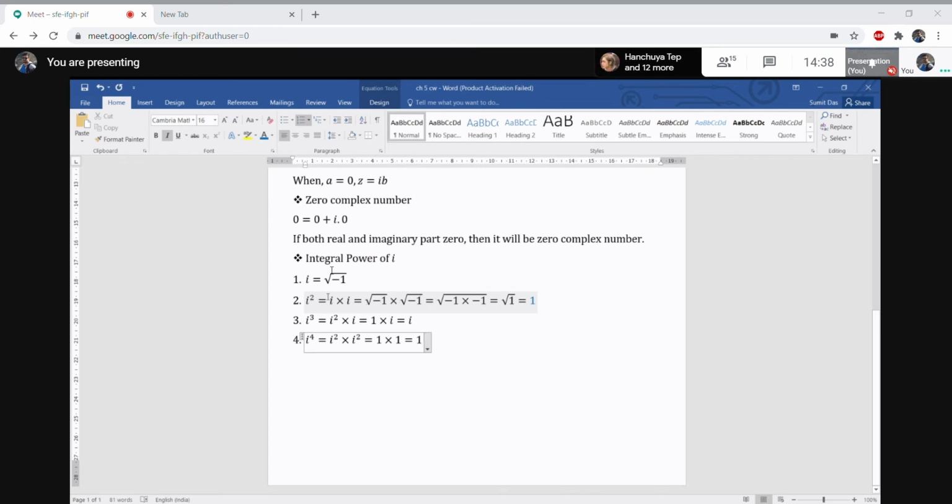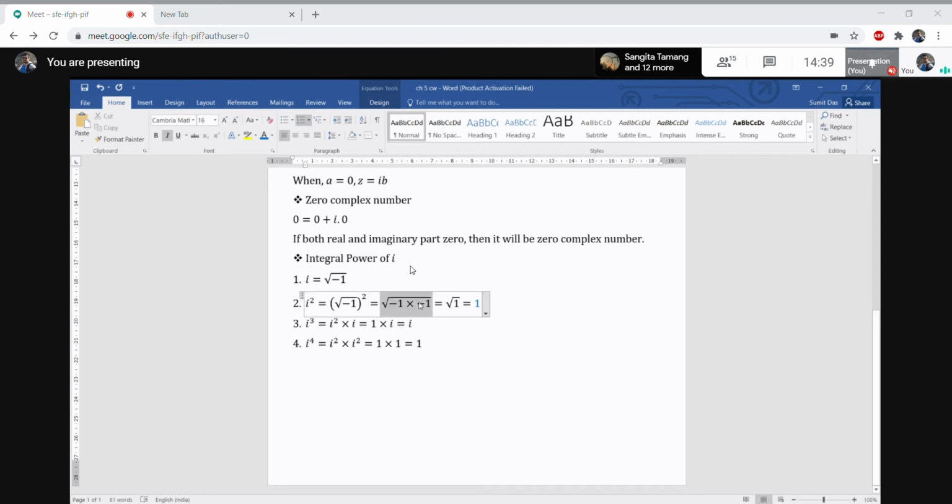That means i square means root over -1, whole square.